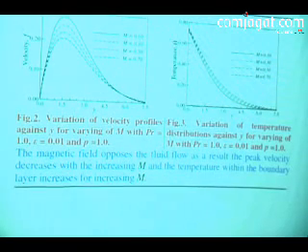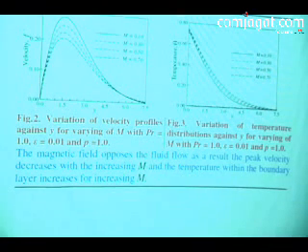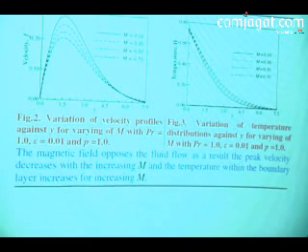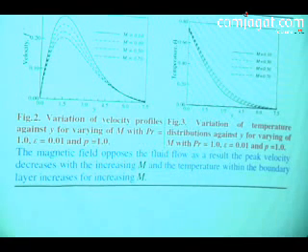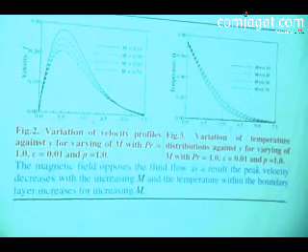Now we discuss the velocity profile and temperature distribution for different values of the magnetic parameter, and from these two figures we observe that the velocity decreases but the temperature increases for increasing values of the magnetic parameter. This is because the magnetic parameter works against the flow, and due to interaction between the magnetic field and the flow field, temperature increases.